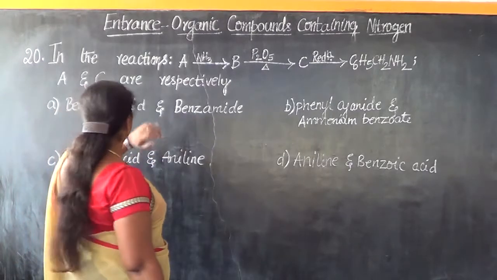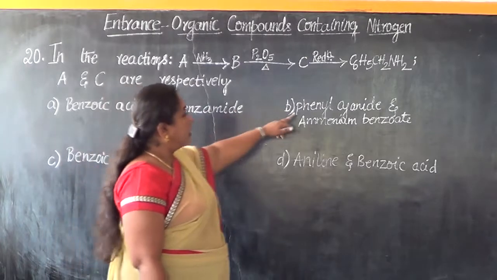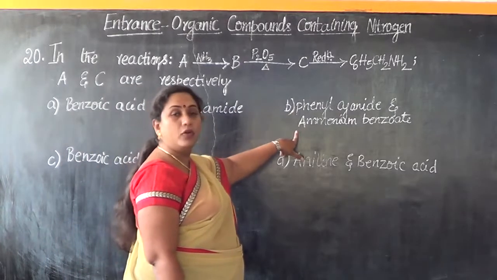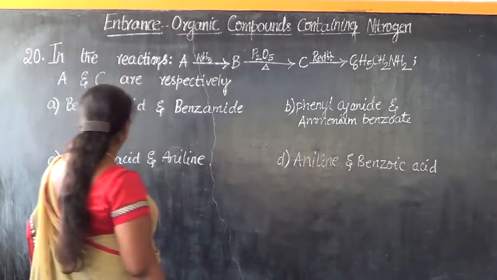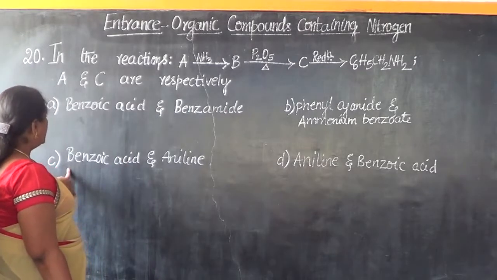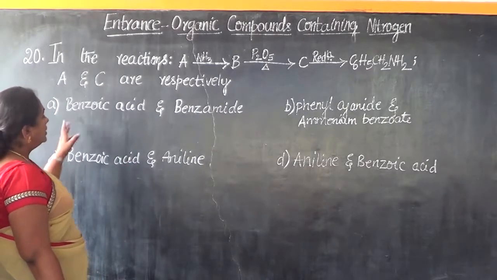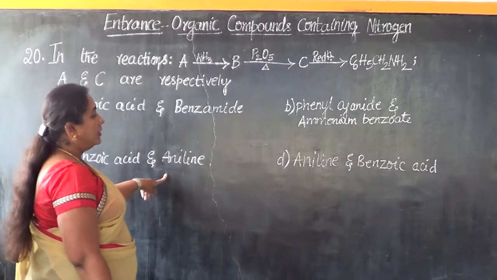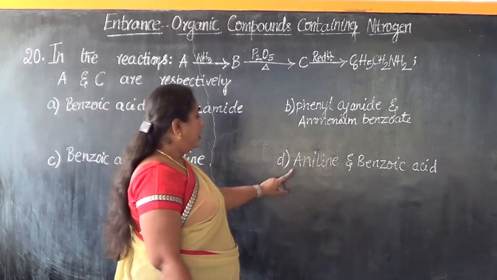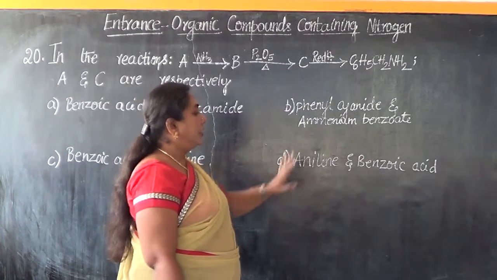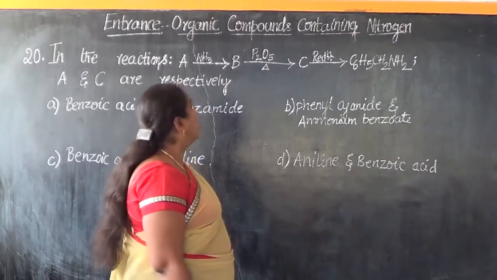Then option B, A is phenyl cyanide, B is ammonium benzoate. Then option C, A is benzoic acid, C is aniline. Then option D, A is aniline and C is benzoic acid.